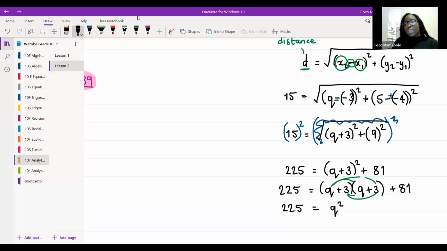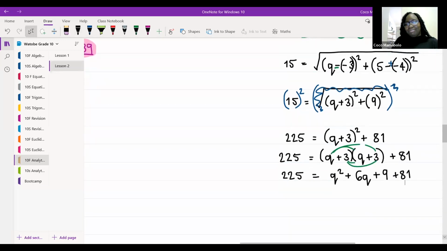Q times 3 plus 3q times q is 6q. Plus 6q. 3q plus 3q will give us 6q, and then 3 times 3 will give us plus 9. Good. Plus, what is still plussing over here? The 81. Good, plus 81. We're not done.